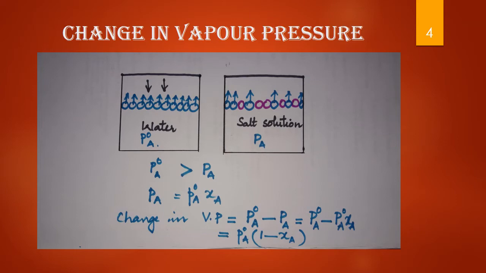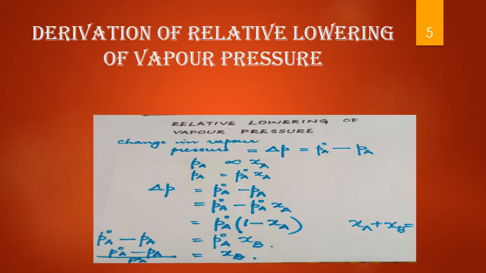For binary solutions, you have learned that XA plus XB is equal to 1. So, you find that change in vapor pressure will be P0A into XB. So, the relative lowering of vapor pressure, P0A minus PA divided by P0A, becomes equal to XB.